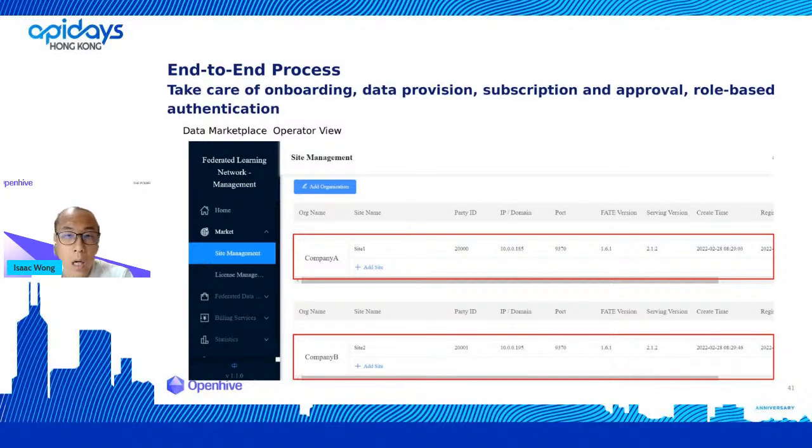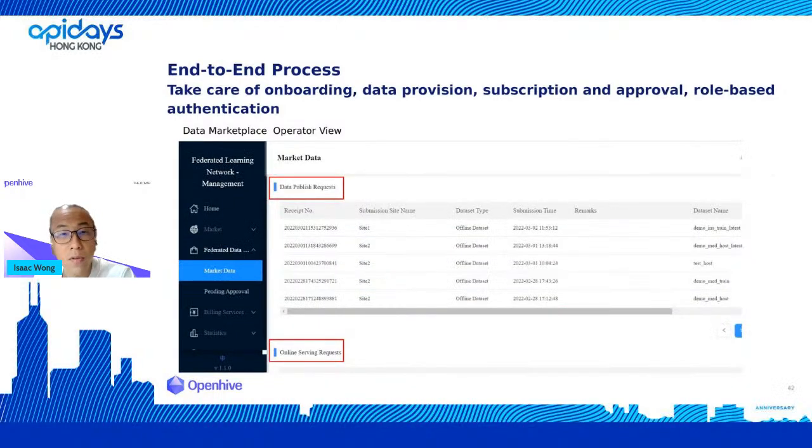And then every technical detail, for example, where the joining site is from, where the participating site is coming from, and whether it is a legitimate site. We have this kind of information shown in different interfaces.